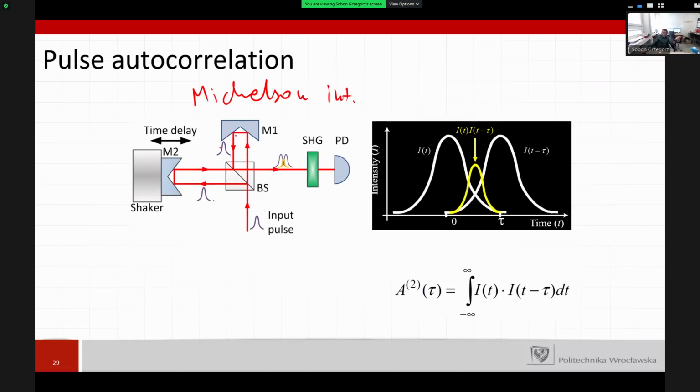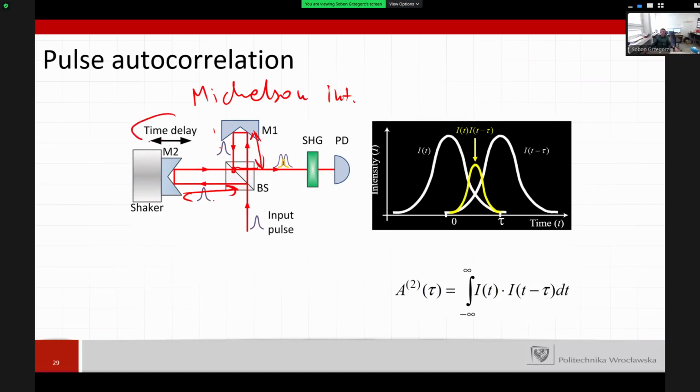And then these replicas, after being reflected by these two mirrors, meet again on the beam splitter here and interfere together. If the optical paths here and here are equal, then the pulses will interfere constructively, because we have the same distance.